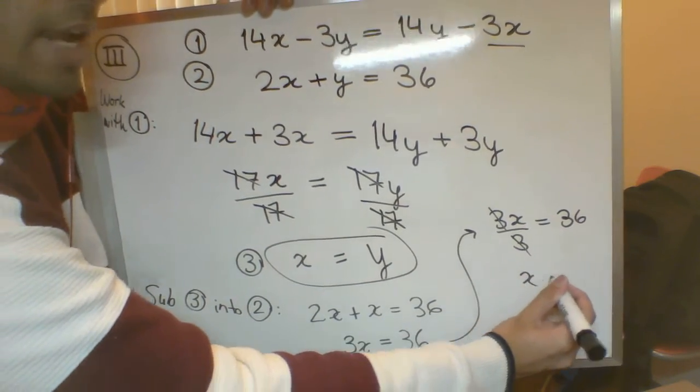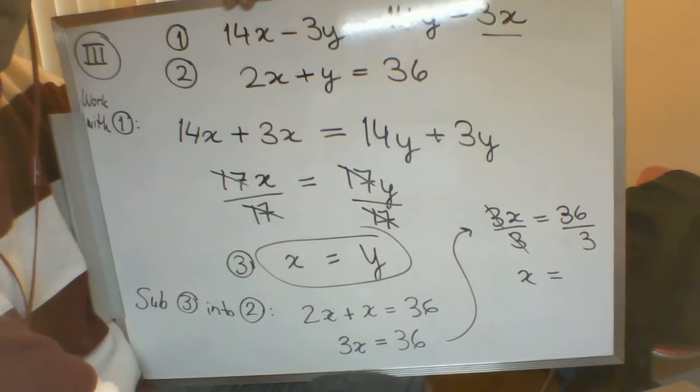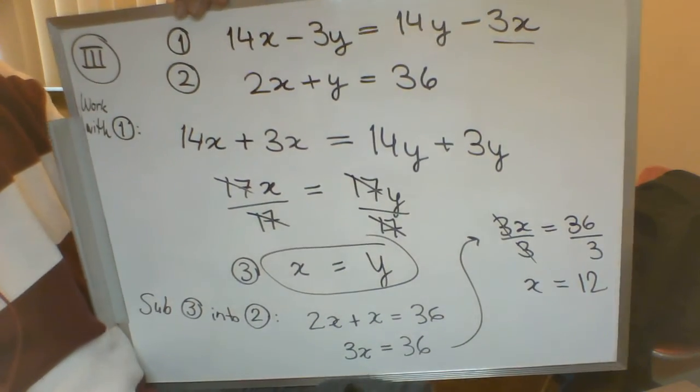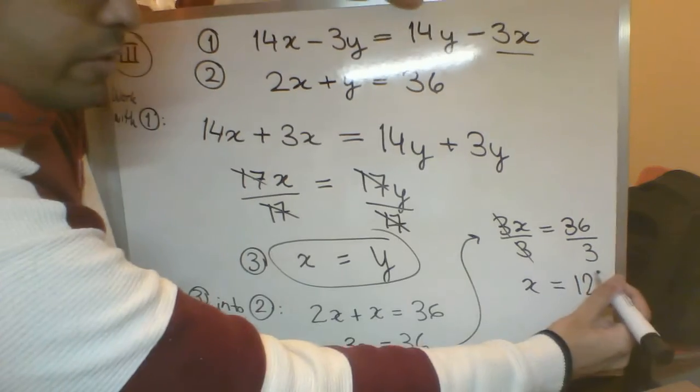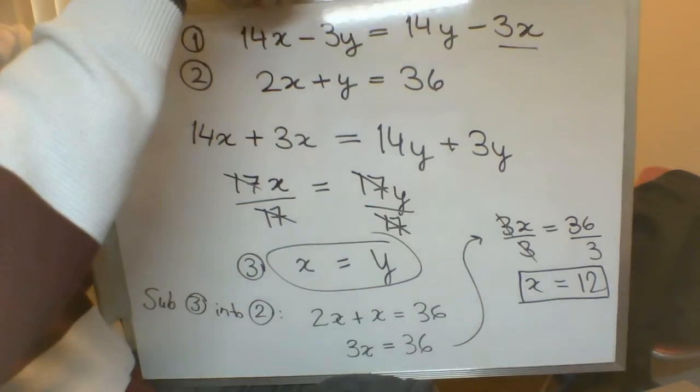So we're left with just x on the left side, and then on the right side, we would have to divide that side by 3 as well. 36 divided by 3 is going to leave us with 12. So there we go. We've got an answer for x. X is equal to 12.